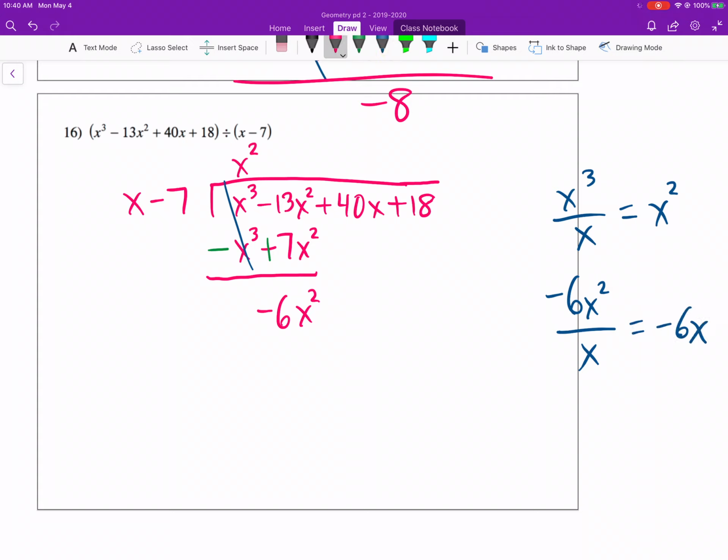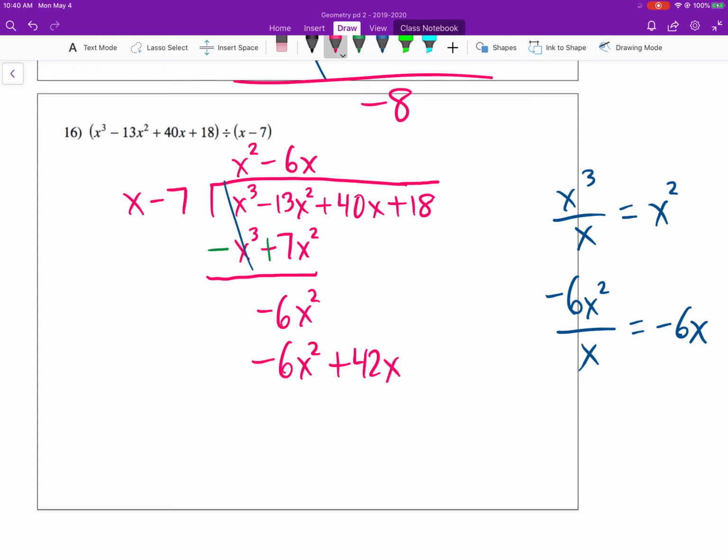You divided, throw that up top now. -6x. Now we multiply. -6x times x is -6x squared. And -6x times -7 is positive 42x. Right?